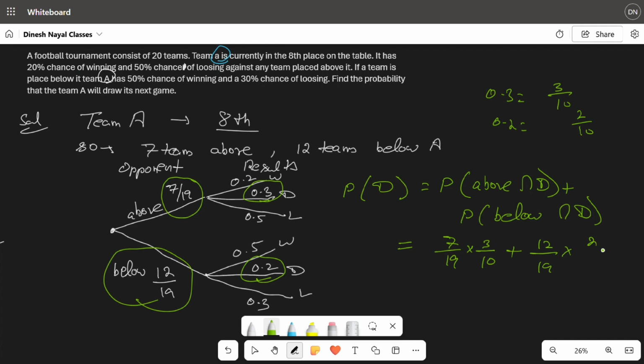So this is 21 by 190 plus 24 by 190. Take the LCM as 190, so this will be 21 plus 24, which is 45. On further solving, you will get 9 by 38. So this question is done.